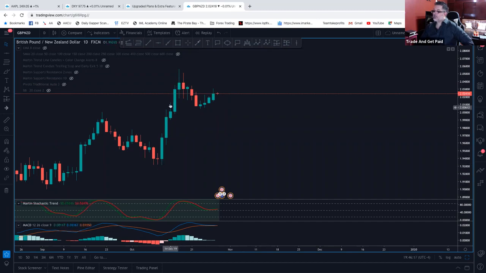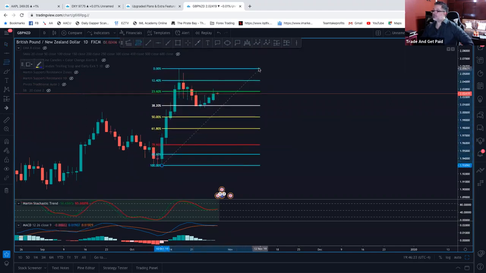But again, I know this is what's going on. It did a strong move to the upside. It looks like a shallow retracement to the 38.2 and started moving back up. Will it break 23.6? It could. But that candle right there is telling me otherwise. We'll see what happens.